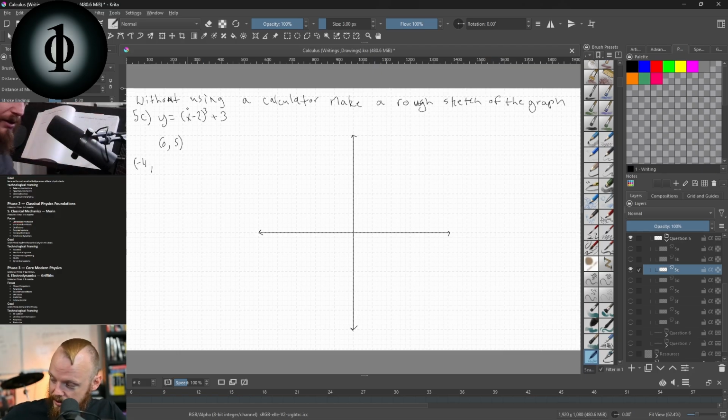They just mean not plotting the graph. -4 minus 2, -6 cubed. -216 plus 3, -213. Even though I should try to do these that way.